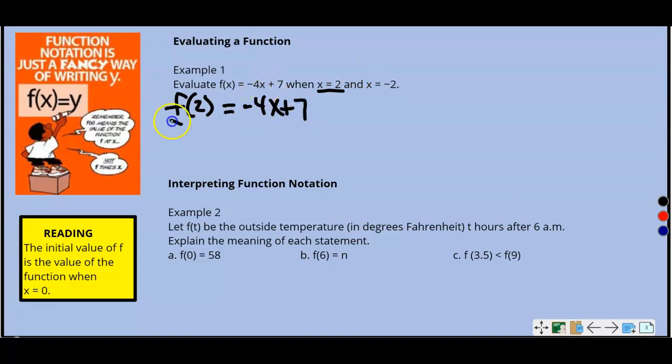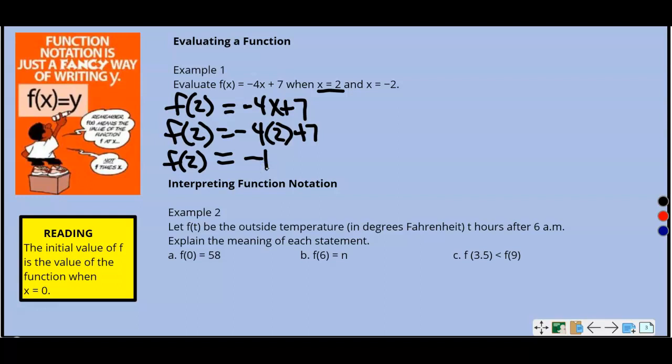We're going to take the 2 and substitute that in for x, and then we're going to evaluate. So f of 2: negative 4 times 2 is negative 8. Negative 8 plus 7 is negative 1.